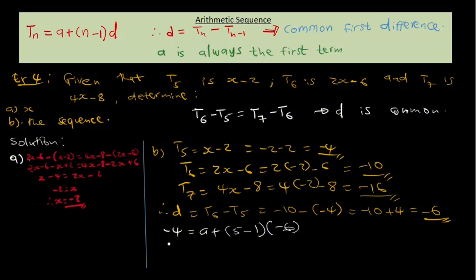Simplified, it's minus 4 equals a plus 4 multiplied by minus 6, which is minus 24. Therefore, a goes to the other side and becomes positive: 24 minus 4, which is 20.